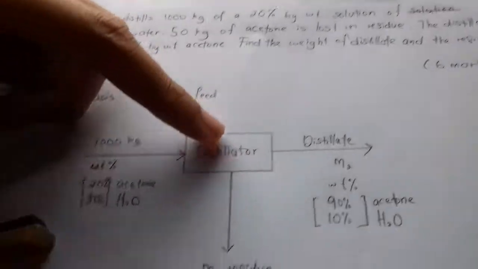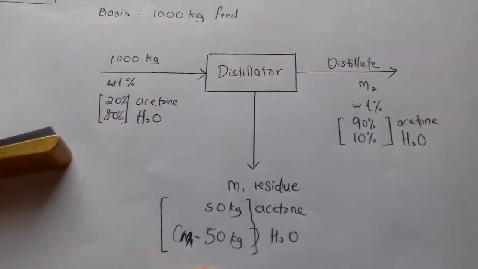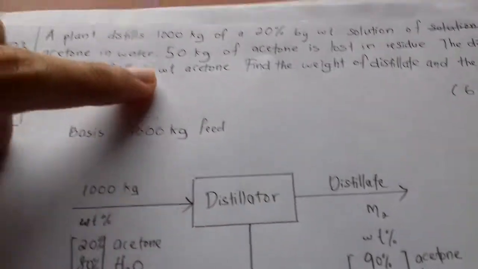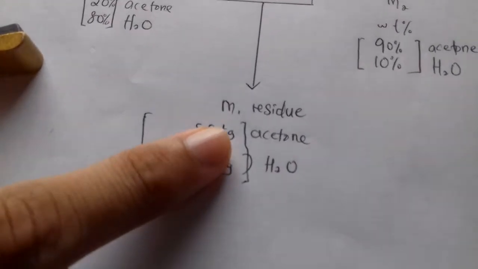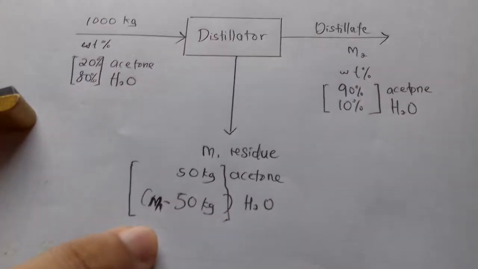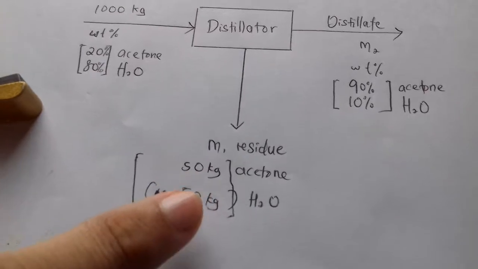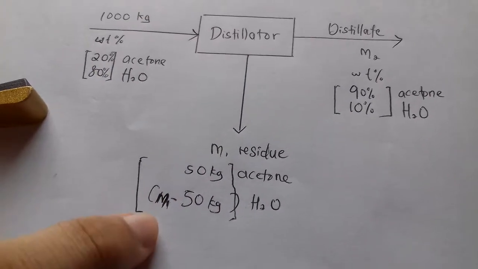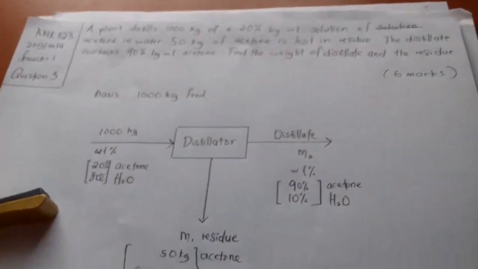And then on the residue outlet we have 50 kgs of acetone, also from the question. So that leaves us with water, which is M1, the total residue mass, minus the 50 kgs of acetone.